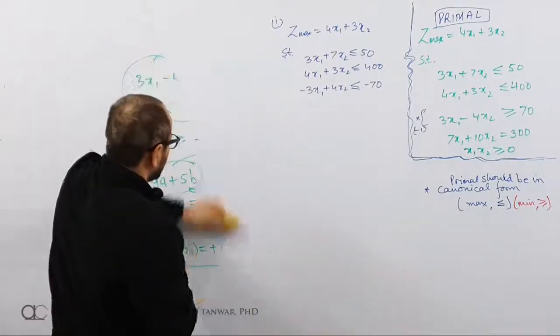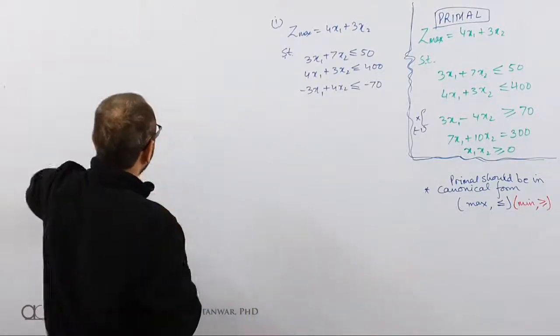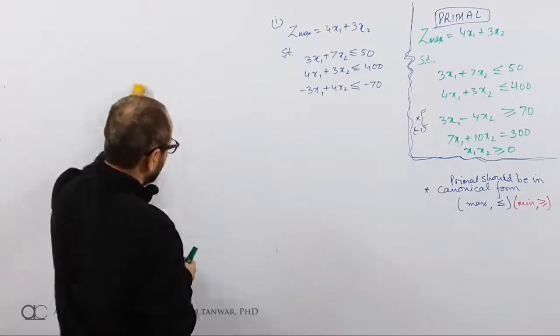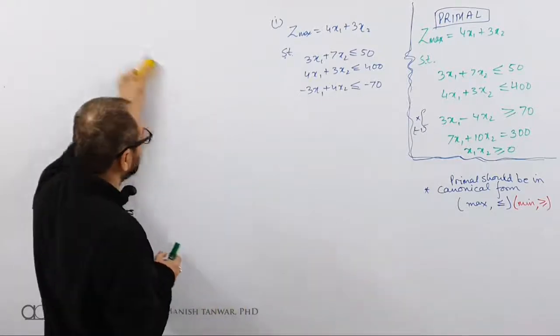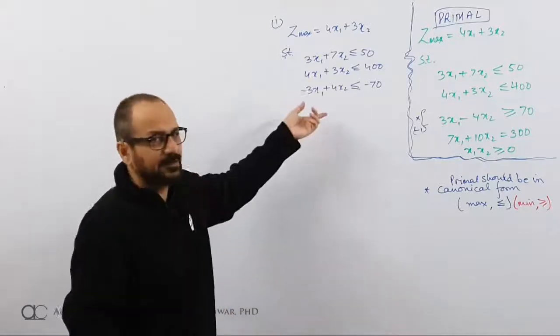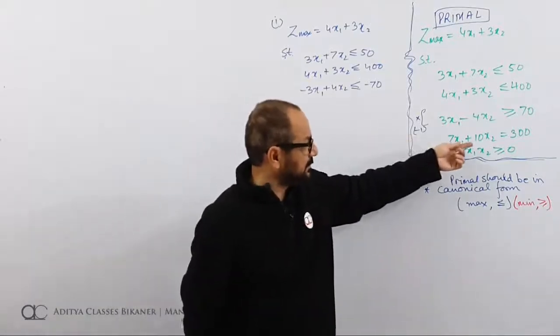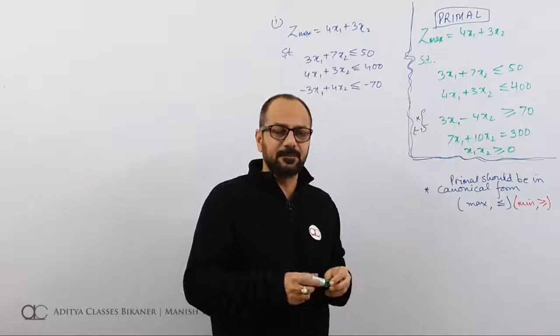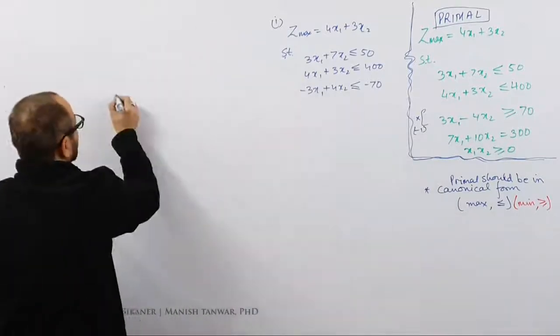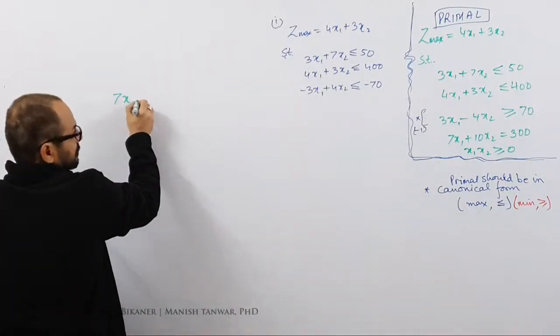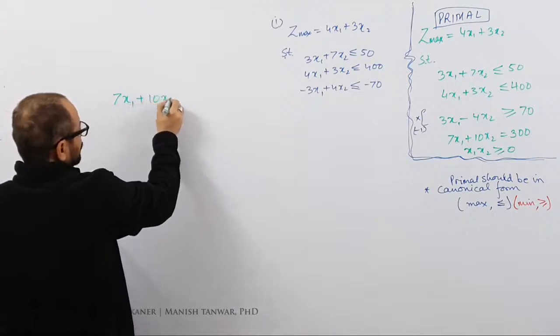The second issue in this problem is, I need everything to be of less than type. One constraint was of greater than type. It has been taken care of. But then there is another constraint which is of type equality. What we do with this is, I'll split this equality.